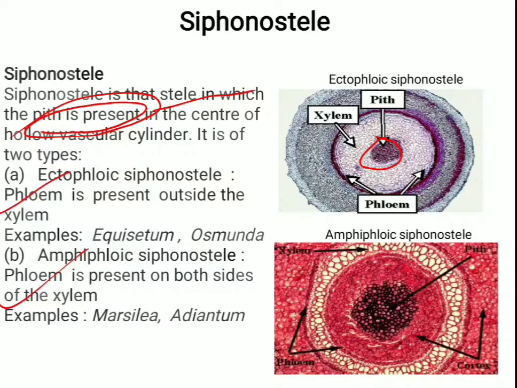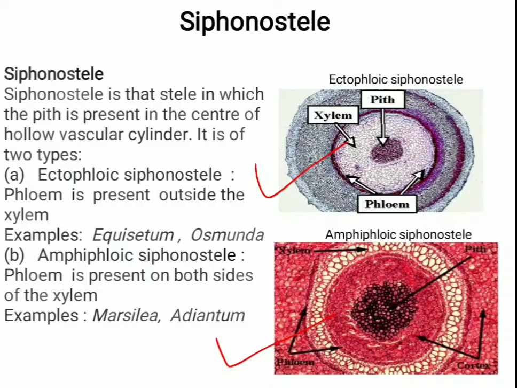siphonostele and amphiphloic siphonostele. You can see the first figure is the ectophloic siphonostele, and this is the amphiphloic siphonostele. In ectophloic siphonostele, the phloem is present outside the xylem.